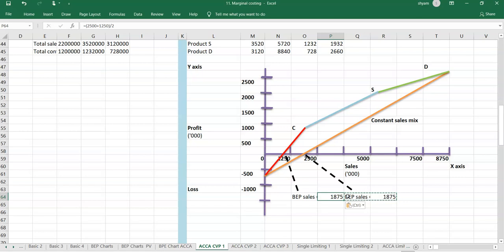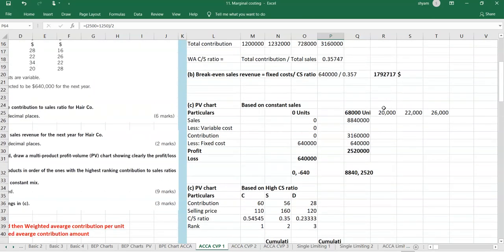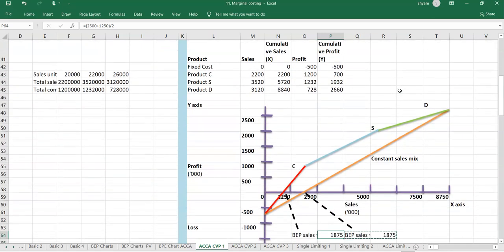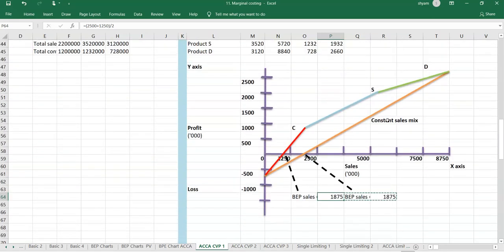Here the break-even sales has been 1,875. If you use this one, the break-even would be much lower. So let's see the constant mix. What was the break-even point? 1,800. Okay, 1,800.